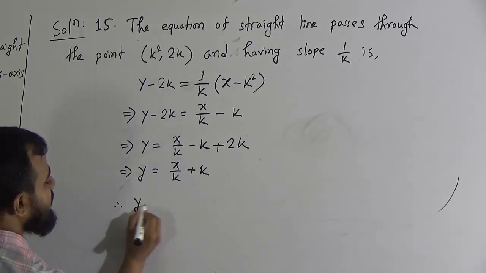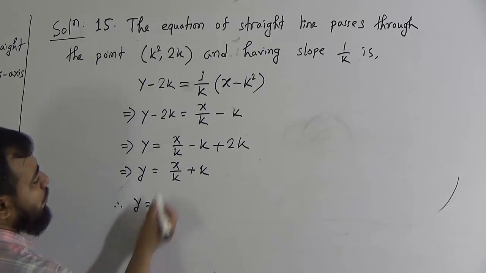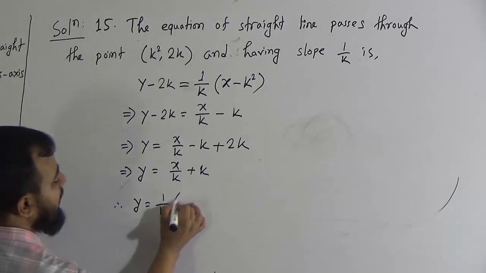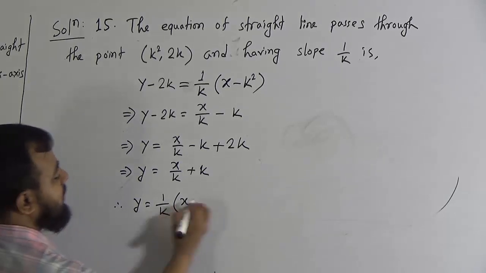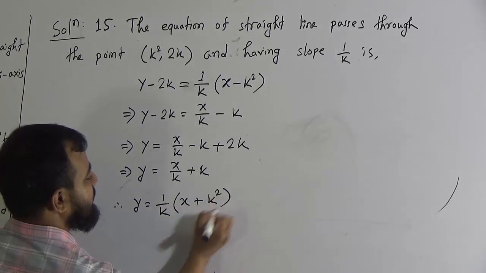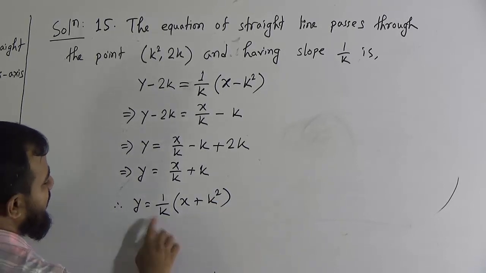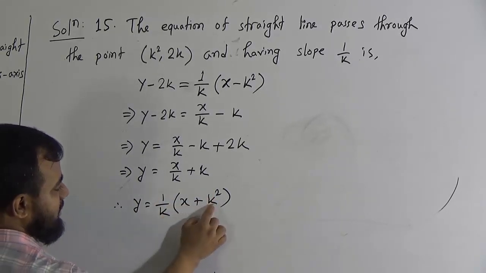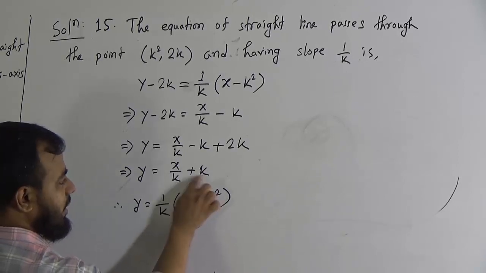Therefore y is equal to what? If we take 1 over k as common, then x is free, then it will be k squared. If we distribute this 1 over k again, we get this, because it will be x over k and this k, one k will be omitted and k will remain here.